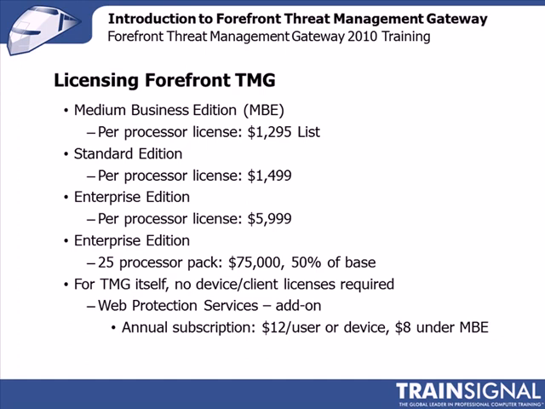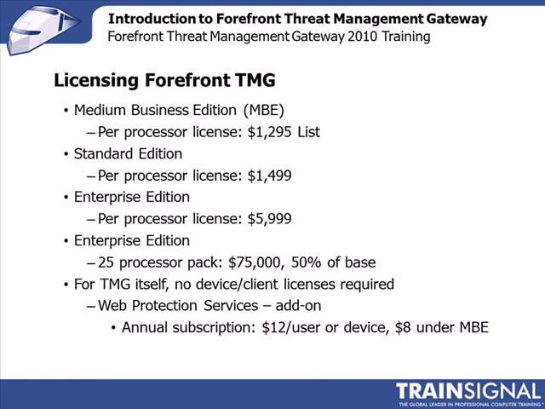Enterprise, $5,999. The Enterprise Edition can also be installed on multiple machines, multiple servers, to act in a more comprehensive system-wide protection capacity. If you want to install TMG on multiple machines, you still have to buy the licenses on a per processor basis.